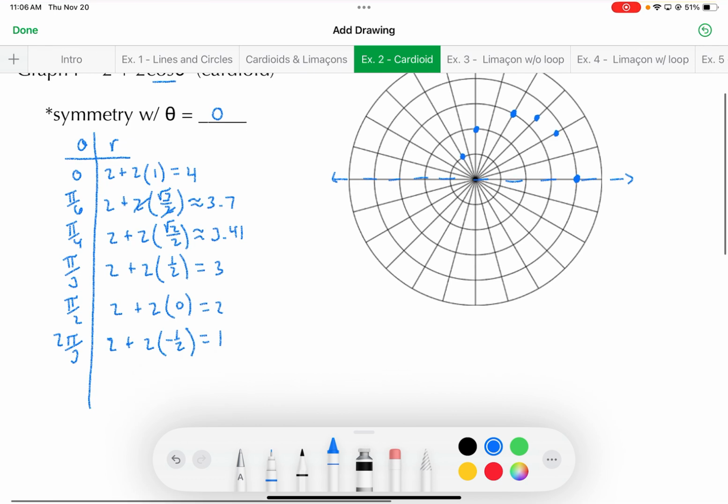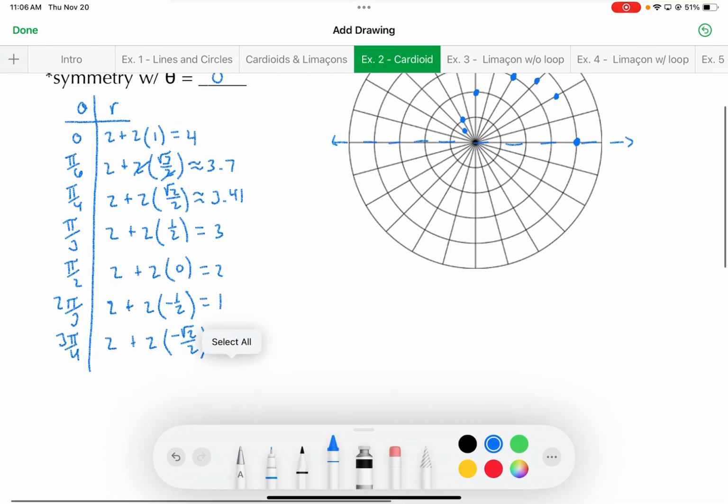How about 3 pi over 4 next. That's going to give me 2 plus 2 times negative radical 2 over 2, which is approximately 0.6. So that's going to plot right there.